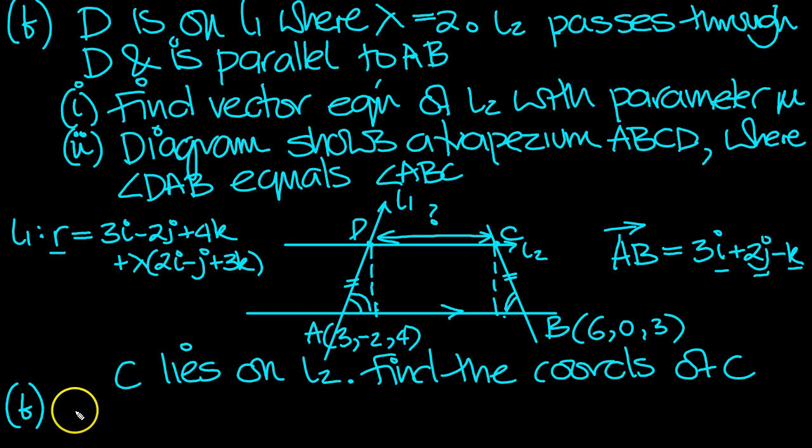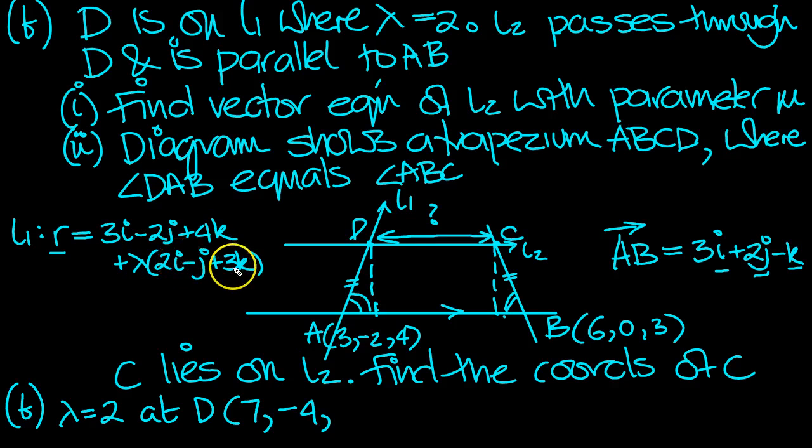Lambda equals 2 at D. We have the coordinates 3, 2: put 2 in here, 2 twos are 4, 3 plus 4 is 7. Then minus 2, and another minus 2 times 2 is minus 4. And then 4, 2 lots of 3 is 6, 4 plus 6 is 10. So there are the coordinates of D, which I'll put in the diagram as well.